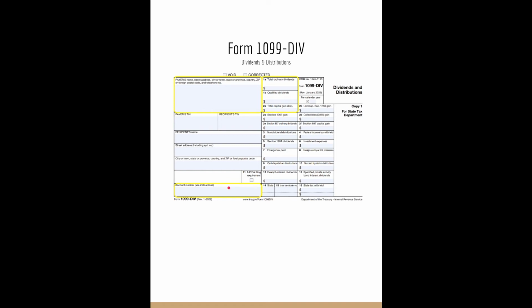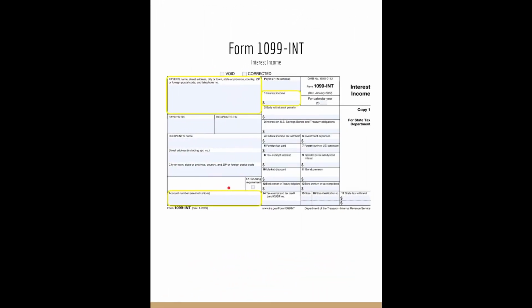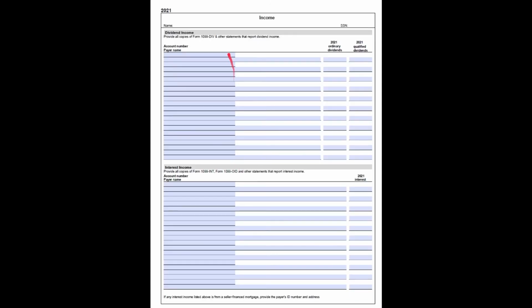We are simply looking to make sure we can match what you've put in the organizer to your income statements. Same for the 1099 INT. Now here is the page of the organizer for those two sections of dividend income and interest income. And you're going to put the account number and payer name, and differentiate ordinary dividends from qualified dividends for us.